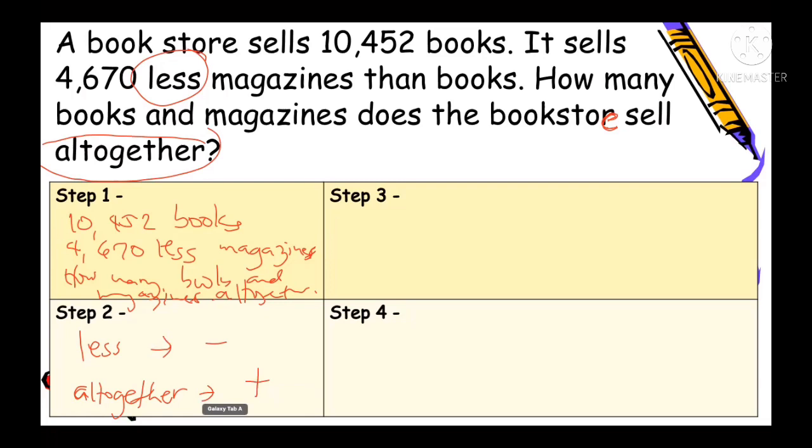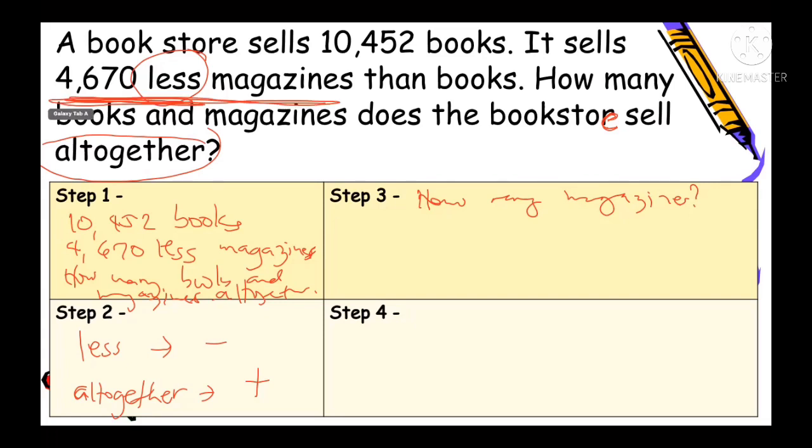What we're going to do first is we need to identify how many magazines. It's because it says here that we have 4,670 less magazines. Okay?